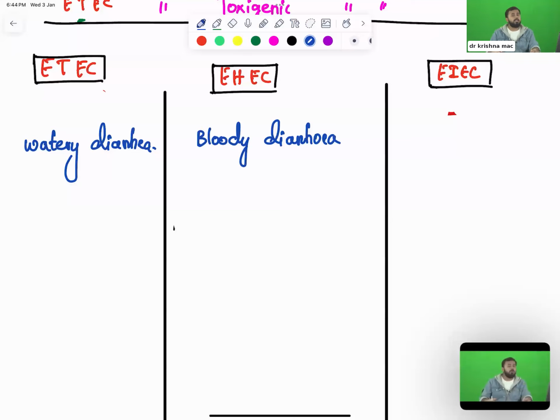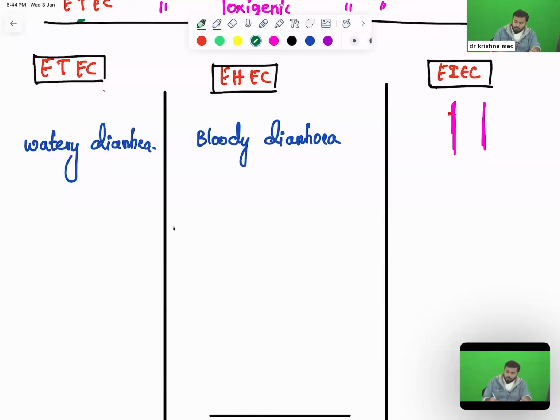Now, what do you mean by entero-invasive E. coli? Just look here. I'll go with a little concept here instead of directly telling you the point. See, these are the layers of your intestine. This is the innermost layer, called the mucosa.